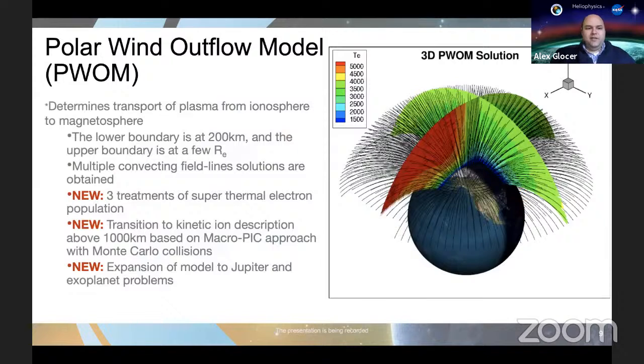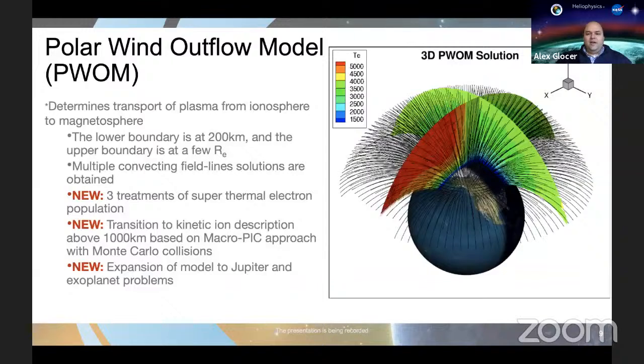Now, of particular relevance to this presentation is the ionospheric outflow. And so here I'm going to use the polar wind outflow model, which I've been developing for a number of years. And the polar wind outflow model, or PWOM for short, solves the transport of plasma from the topside ionosphere into the magnetosphere, starting just below the F2 peak at around 200 kilometers and going up to a few RE in altitude.